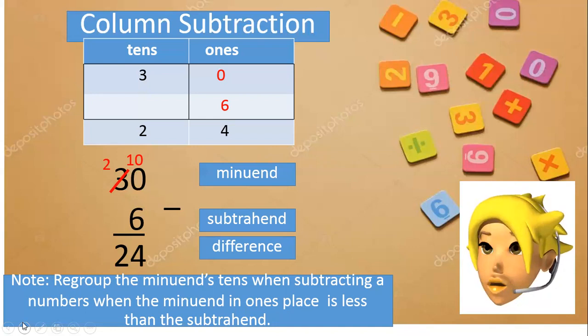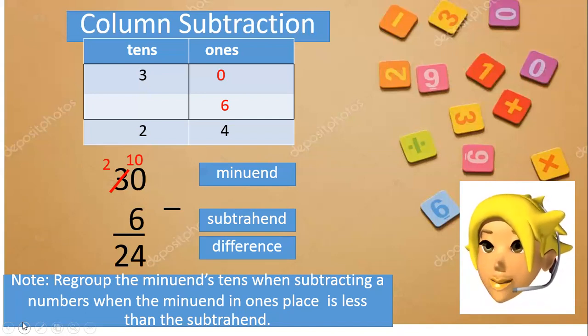After regrouping our minuend tens, we can now proceed in subtraction. In our ones place, 10 minus 6 equals 4 as our difference. In the tens place, we have now 2 tens and we have no subtrahend.